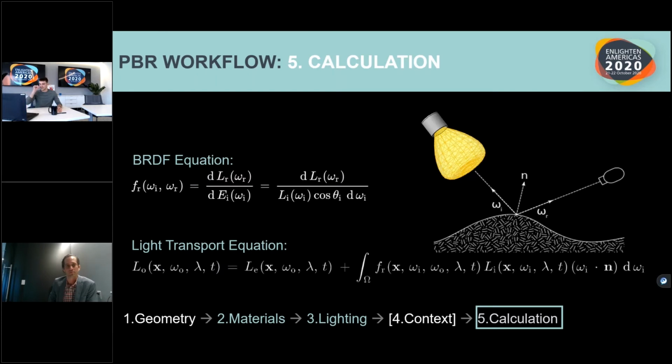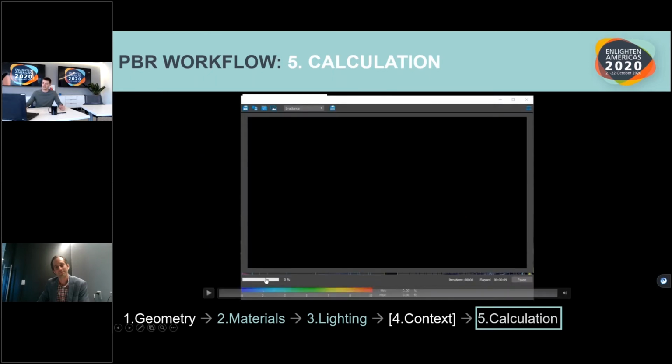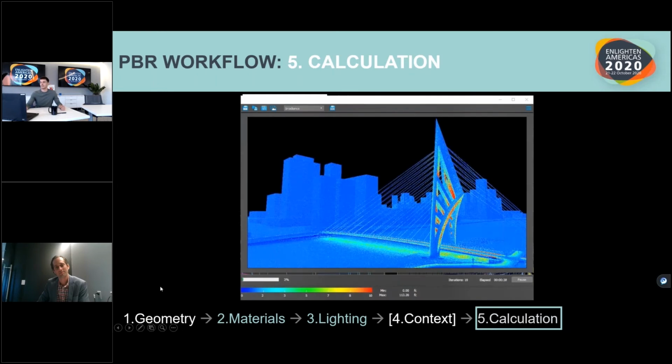Again, I know you've seen this a couple times already, but the BRDF equations and the light transport equations working together with your specific material samples and your specific IES files, that's what allows this calculation to happen. So there's a lot of complex physics, and I'd like to reiterate that, because a lot of people make nice looking images and can run calculations, but that's what's making this specific case very possible.